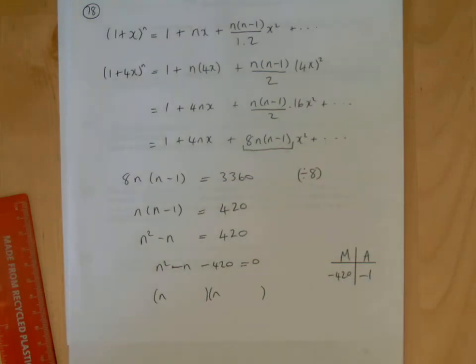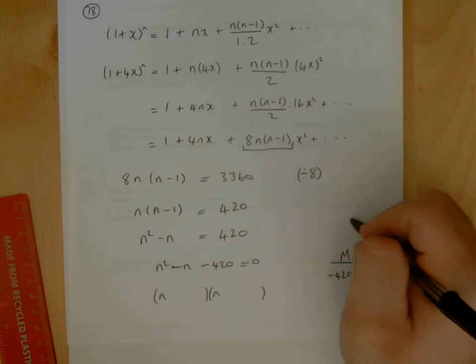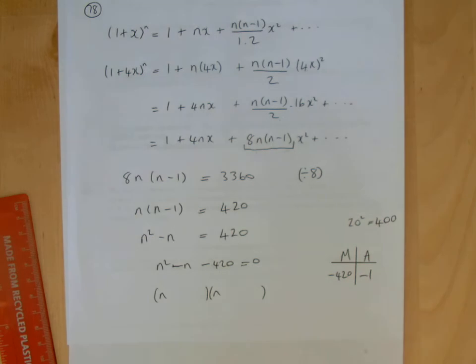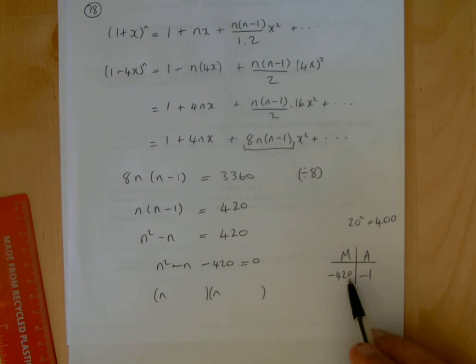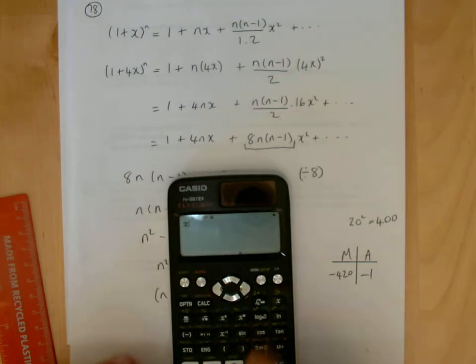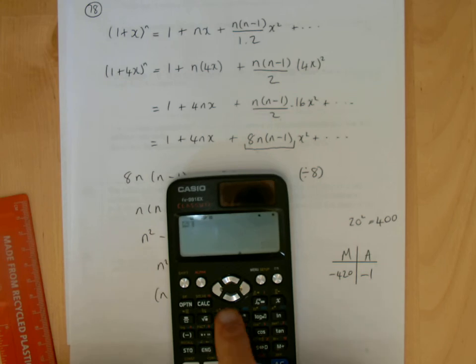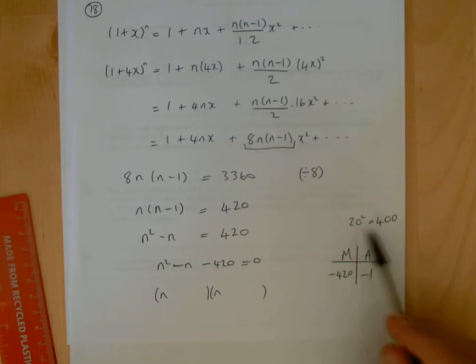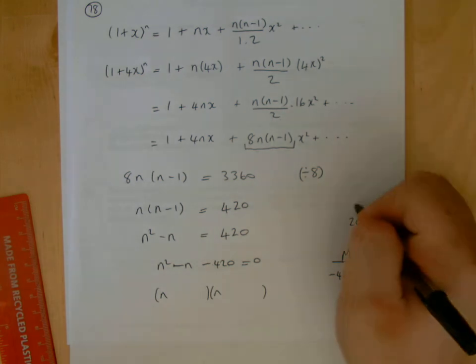Because the numbers are consecutive, think of your square numbers. What square number is close to 420? If you know your square numbers, you'll know that 20 squared is 400. If you don't know that, just use a calculator and have a go. You could do 15 squared, but that's nowhere near, so start increasing it, and you'll end up getting 20 squared, which is 400, in other words 20 times 20.